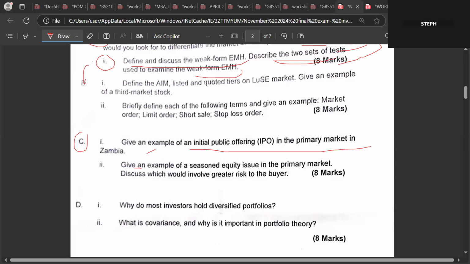Now the risk comparison between these two. We're now comparing risk between an IPO and a rights issue, right? Between an IPO and the seasoned equity issue. So an IPO has higher risk. Why do they have higher risk? They pose higher risk for investors because of the absence of historical trading data.